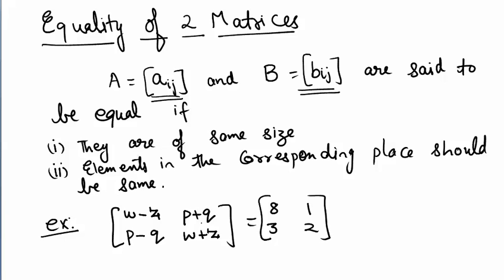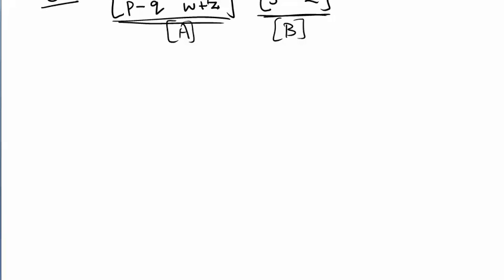So if matrices are equal, that means matrix A is equal to matrix B, then first condition, are they having the same order? Yes, they are having the same order, right?